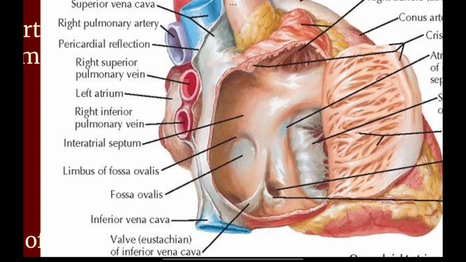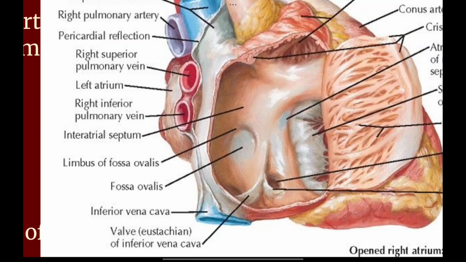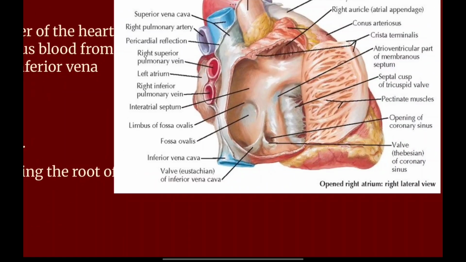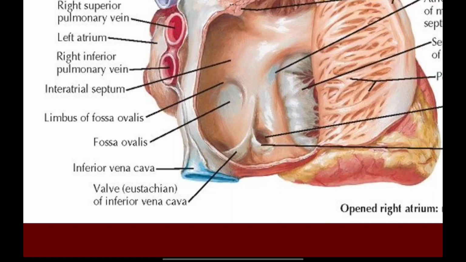So there is the opening from the superior region or the above region, which is the superior vena cava, and there is one more small opening from below, which is the inferior vena cava, in the blue color. And there is also one more opening, which is the coronary sinus.